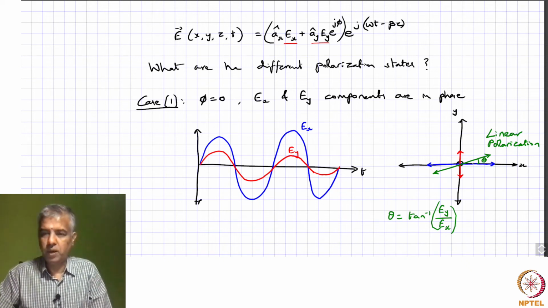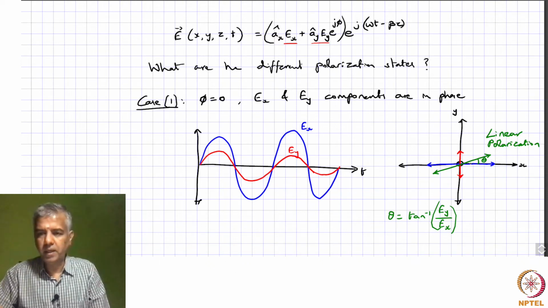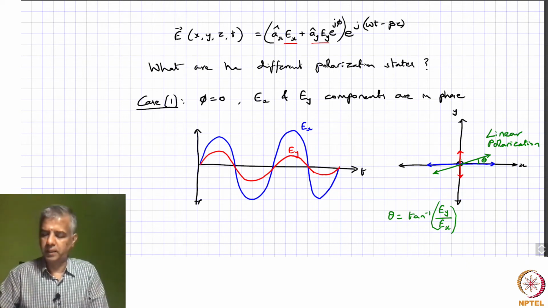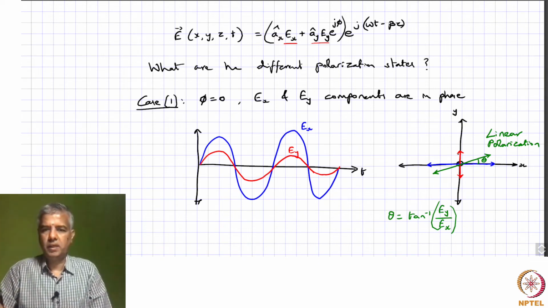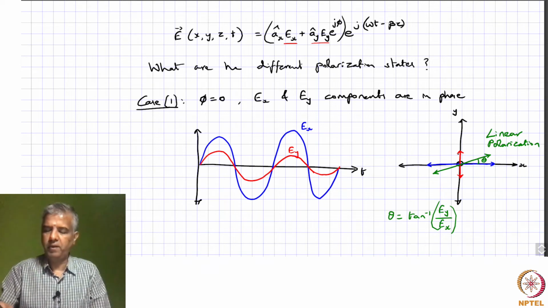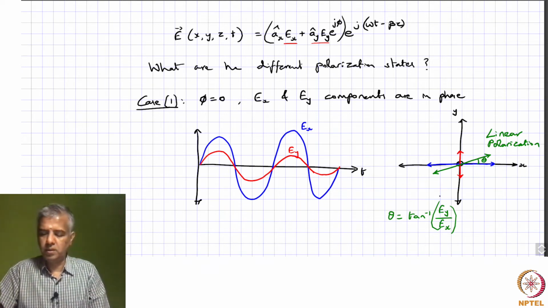Of course, if you have only x component, then Ey equals 0, then theta equals 0, and in the other case where Ey is present and Ex is 0, that corresponds to theta equals pi by 2. Okay. So, that is linear polarization, which could have any arbitrary orientation in this transverse plane. Okay.